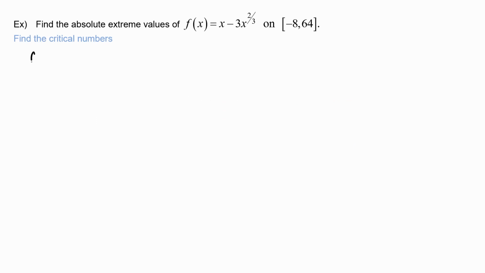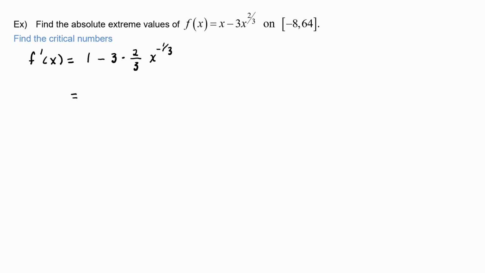So f prime is going to equal the derivative of x, which is 1, minus 3 times the derivative of x to the 2/3, which would be 2/3 x to the 2/3 minus 1, which is -1/3.